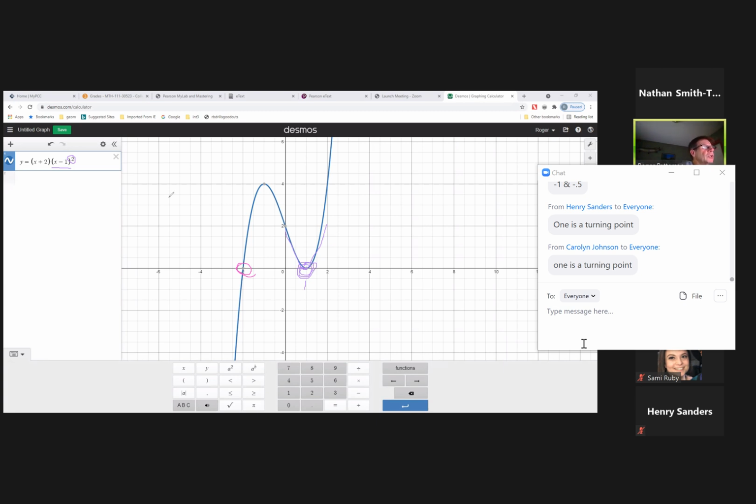Because this is squared, it's going to touch that x-axis and bounce off. So that's called a multiplicity, and in this case, it's a multiplicity of 2 because of the power. This one doesn't really have a multiplicity because it is just a 1. It's just a normal straight up x-intercept.